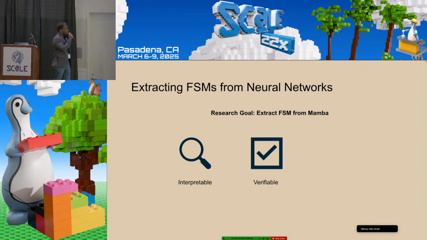The other benefit is that it gives us a layer of verifiability. We can actually see if a language model like Mamba is working the way we want it to. And this would be really important in safety critical applications like healthcare or any high stakes environment where verifiability is really important.